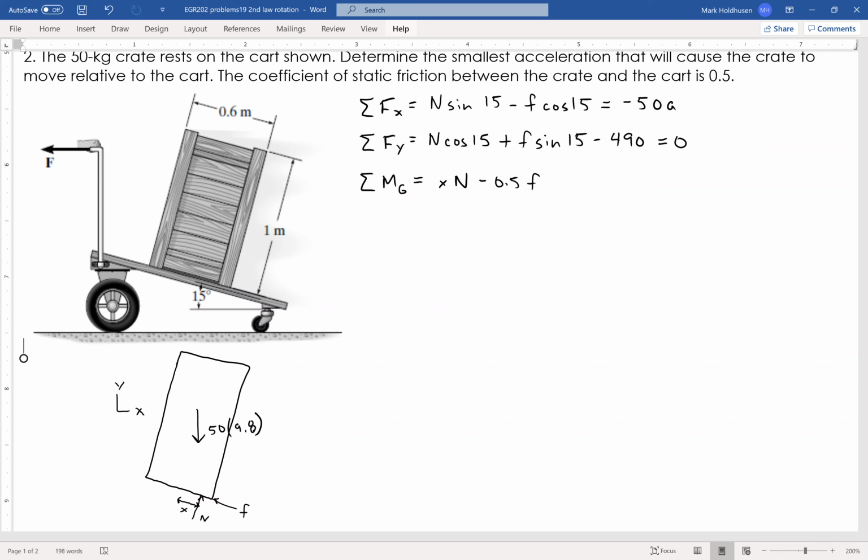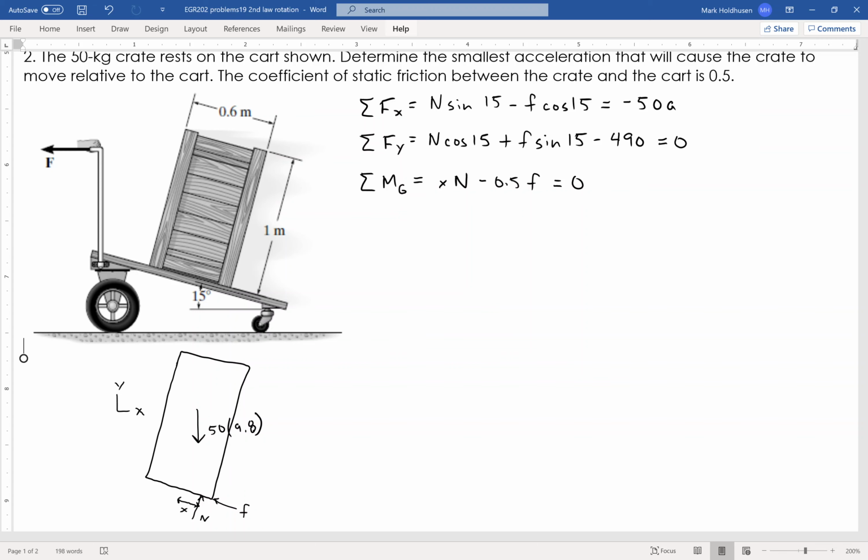Again, the weight does not cause any moment because it's at G. So I just have that normal force and then the friction force. Now this has to be 0 because I'm basically finding the point right before it starts either slipping or tipping.